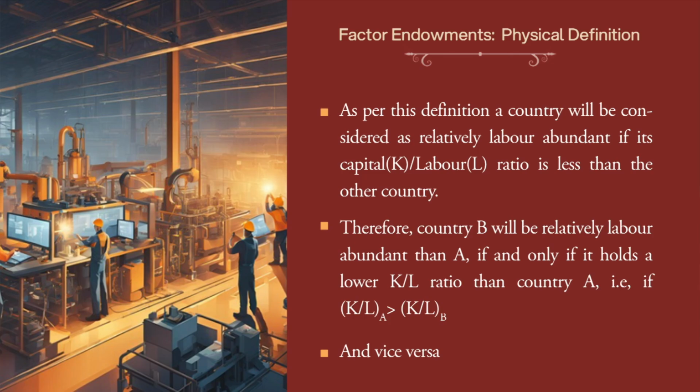If we use K as a symbol of capital and L as a symbol of labor, with the country written as a suffix, then the K/L ratio of country A is greater than the K/L ratio of country B, meaning that B will be labor abundant and vice versa.